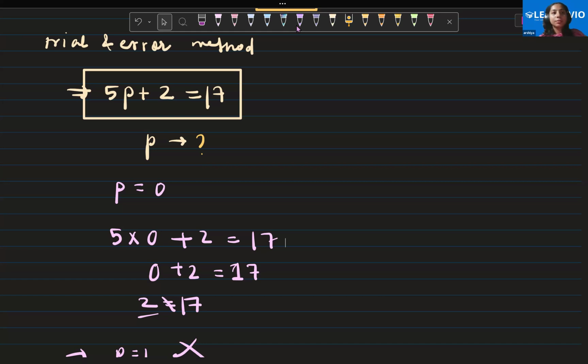Okay, Tasmeen, what about you? Ma'am, I'm doing the last one. P equals 3. Okay. Done, ma'am.